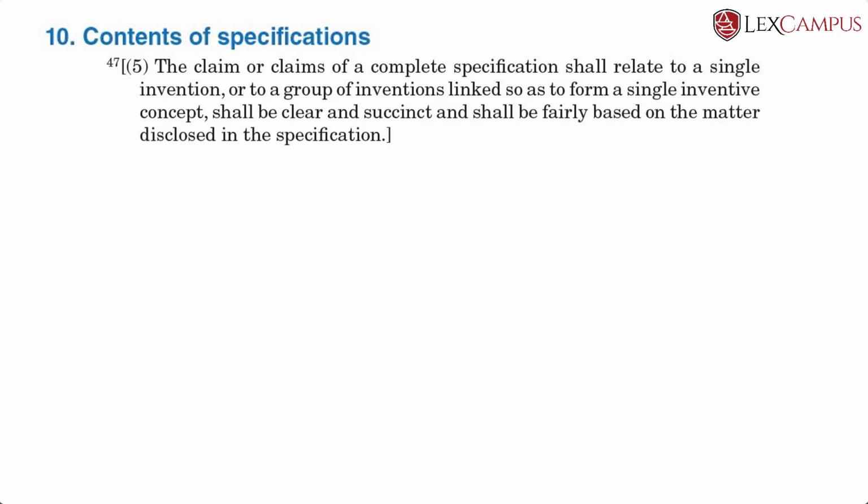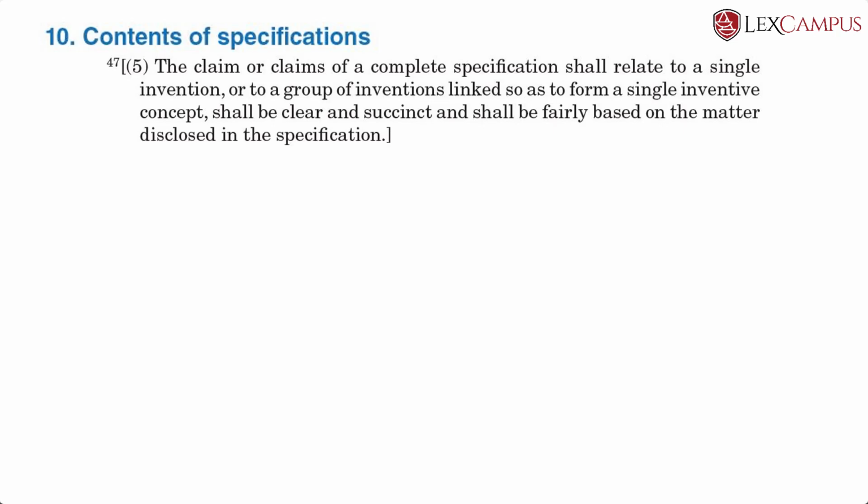Now, this has also led to certain techniques in patent drafting to ensure that you don't claim something which is not fairly based. Some attorneys draft the descriptive part first and then they try to map it with the claims, or the attorneys who draft the claims first, which is another approach in patent drafting, will ensure that the descriptive part has the objects that have been claimed described in detail.